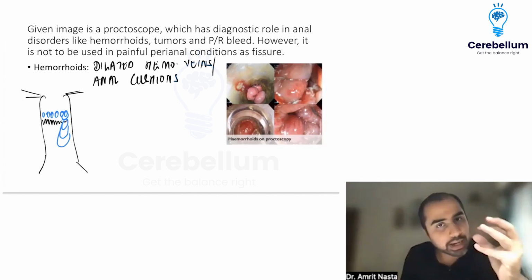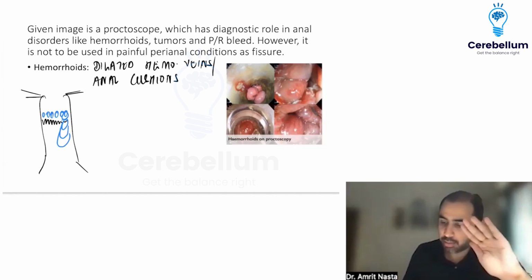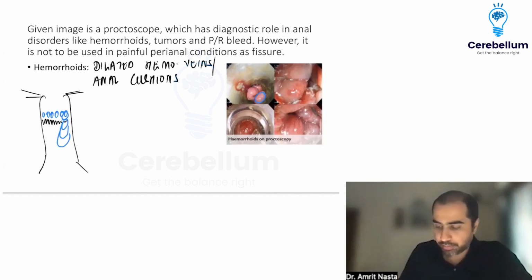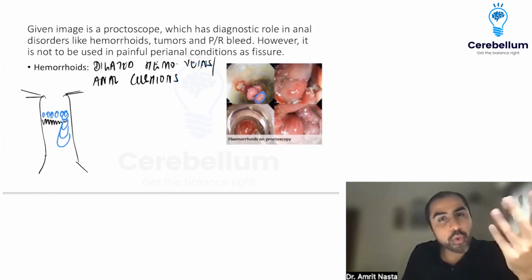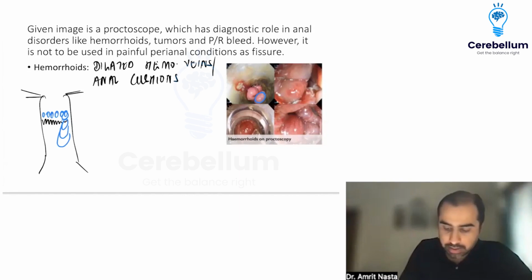So these dilated anal cushions, which contain hemorrhoidal veins, are nothing but your hemorrhoids, which you see here. They keep getting pulled down. Now the thing is, they are painless because they are above the dentate line.